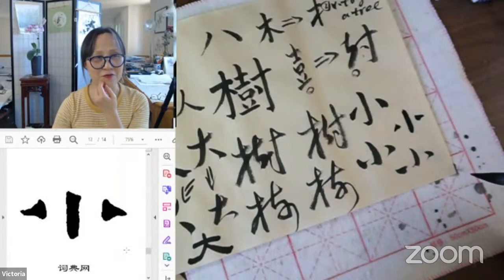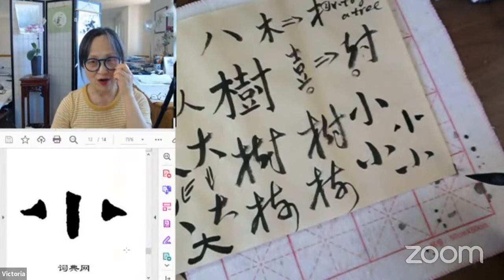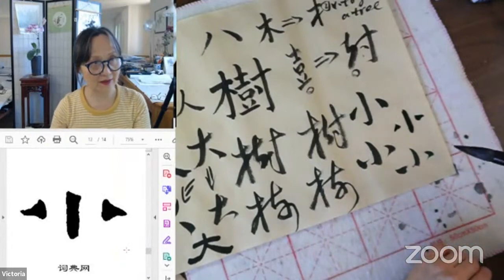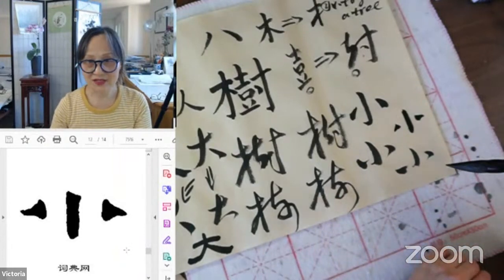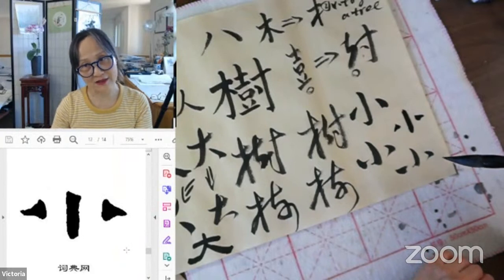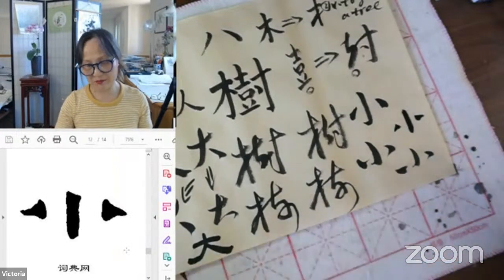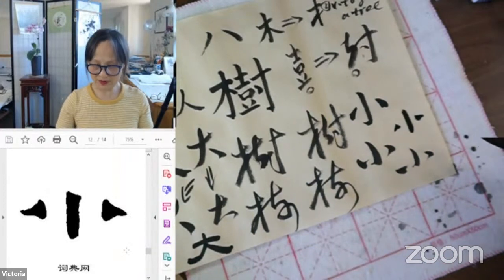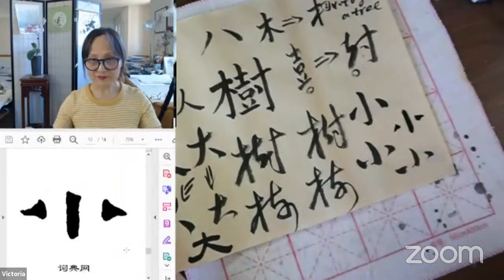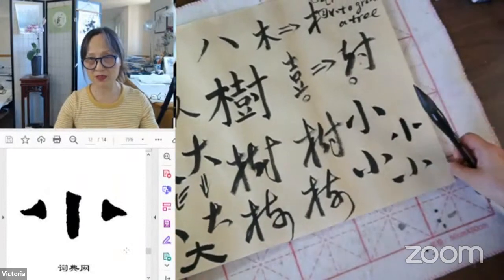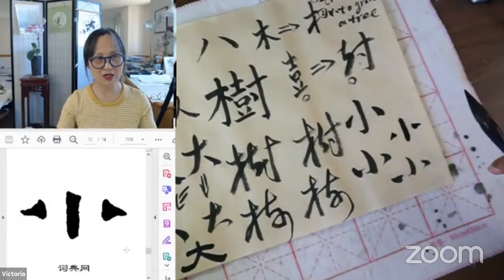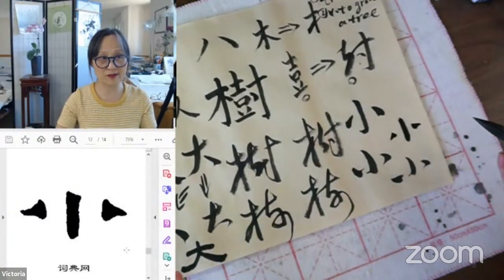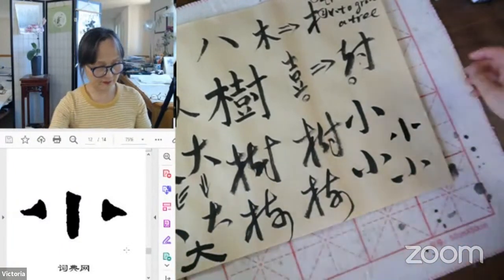The raindrop is very beautiful in standard style, or makes it very vivid in walking and running style. But this triangle one, I also think it's very beautiful and shows more dignity. And because this is very short, the position of the two dots is a little bit higher, right? Okay.